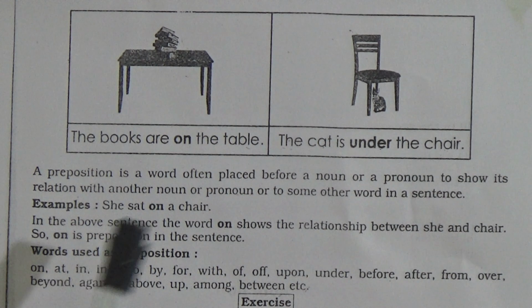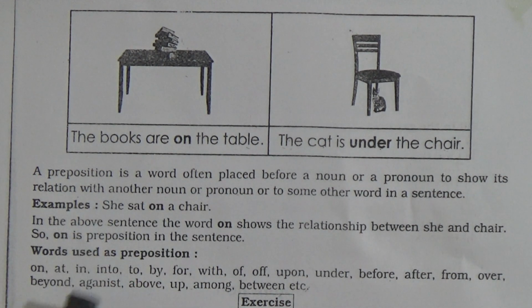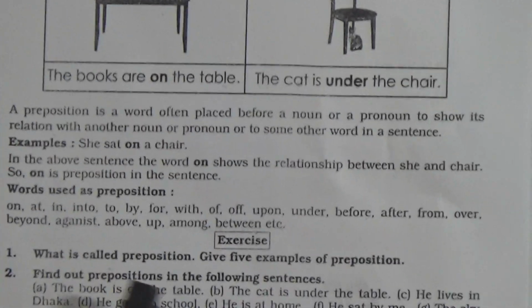Now we'll learn some examples of preposition. Words used as prepositions: on, at, in, into, to, by, for, with, of, upon, under, before, after, from, over, beyond, against, above, up, among, between, etc. Dear students, all of these words are examples of prepositions.